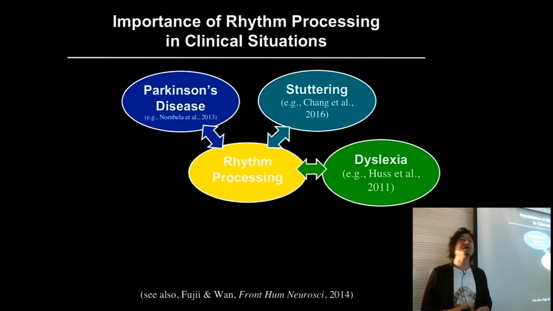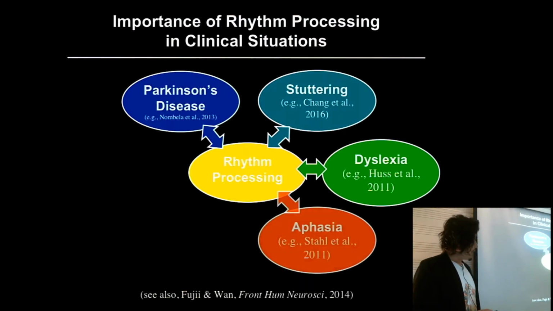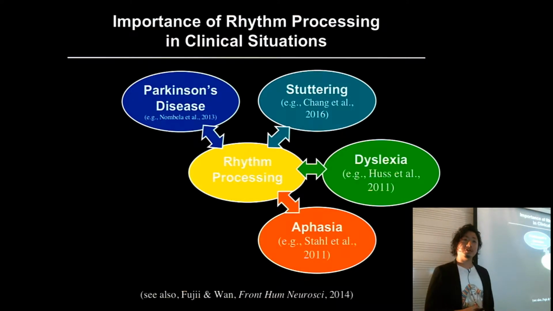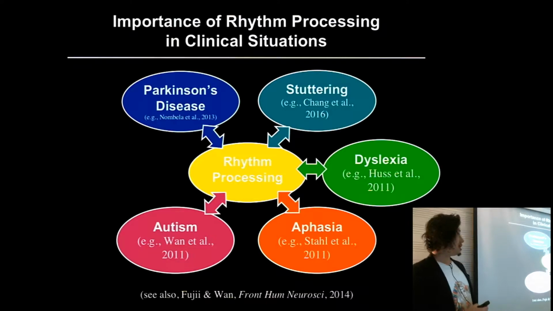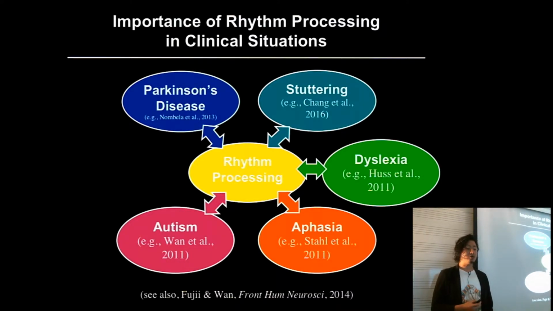Dyslexia is also a very important topic, especially recently. For aphasia too, this Stahl paper has mentioned that not only the pitch factor but also the rhythm factor is very important to improve from aphasia. My colleague, Catherine Wang, has also proposed that auditory-motor mapping training is very important for autism kids.